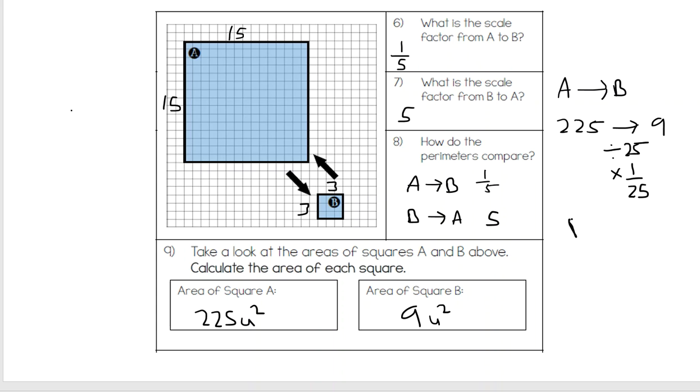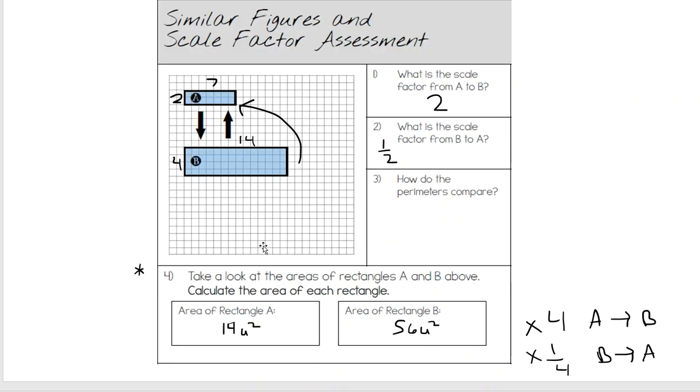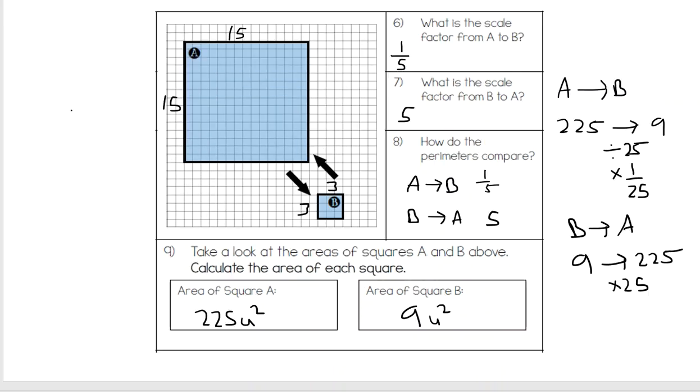And then to go from B to A, we would be going from 9 to 225, so we would be timesing by 25.